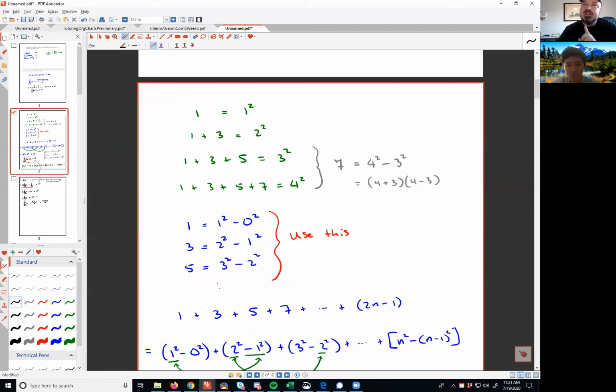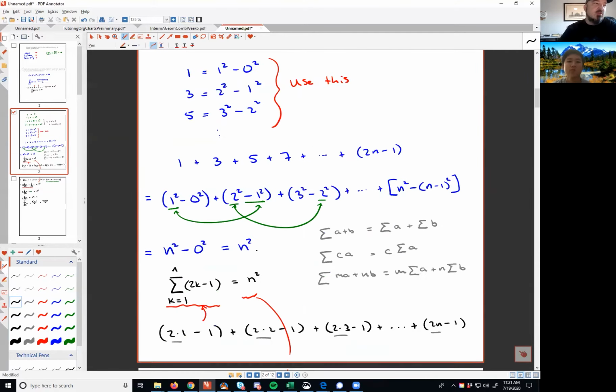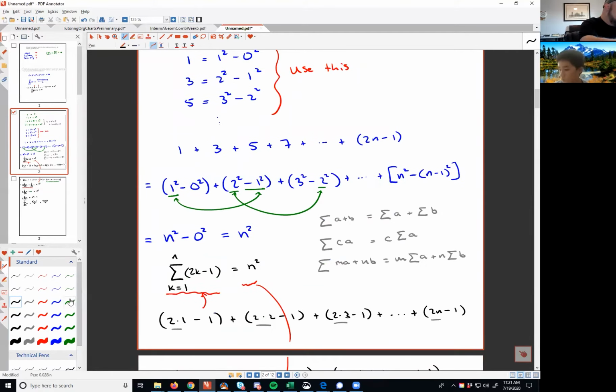So if we wanted a sum of squares, what we did is we eventually got this equation, right? This is what we were after. So if we got a sum of odd integers from differences of squares, which telescoped, what could we try next? Try to do the same thing with squares?